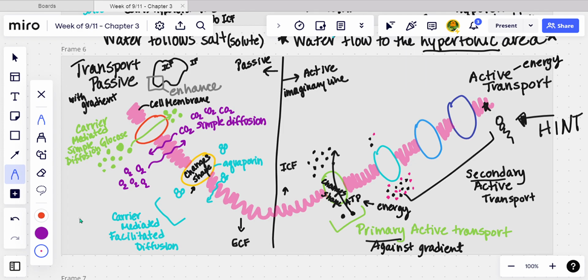Now the problem is, this protein here is actually geared to recognize just one of those molecules. And so one of those molecules, like glucose, links on or docks itself at the protein, and the protein sucks up some ATP and pumps that molecule into the ICF.